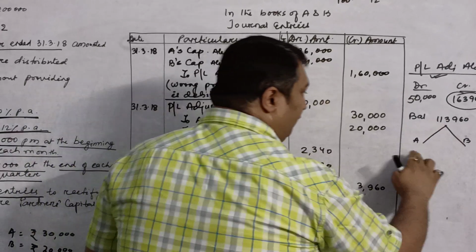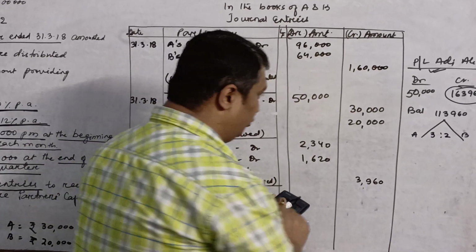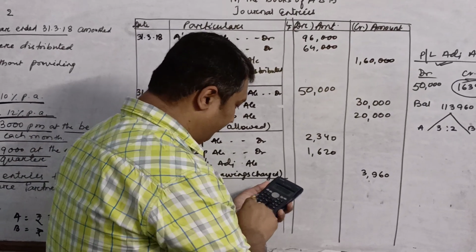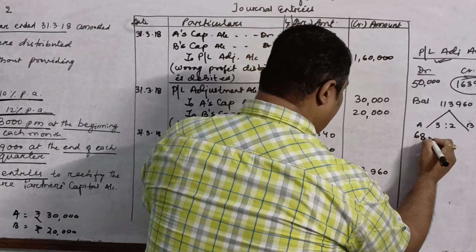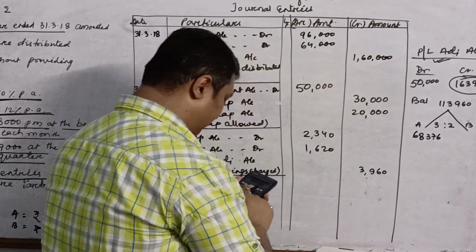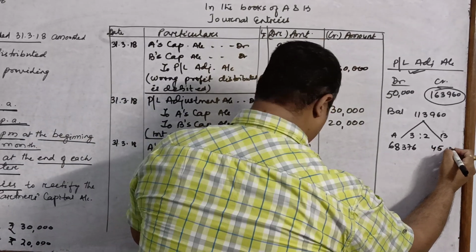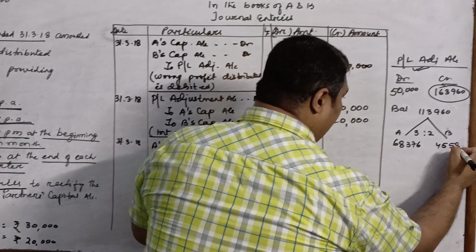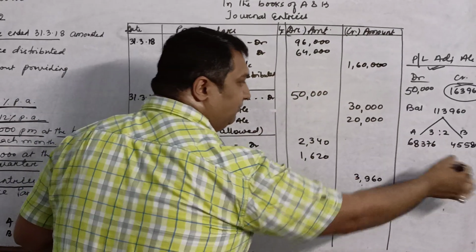And now this profit will be distributed amongst A and B in the profit sharing ratio, that is 3:2. So the share of A will be rupees 68,376, whereas B's share will be rupees 45,584.